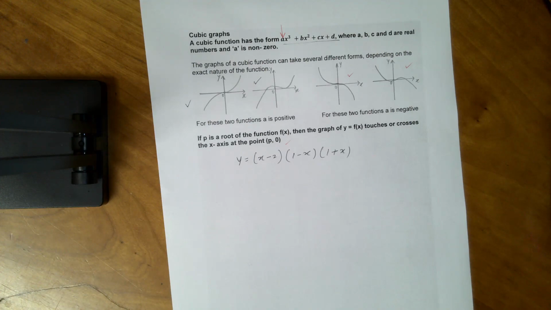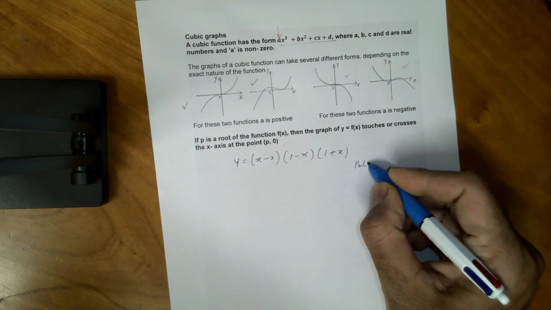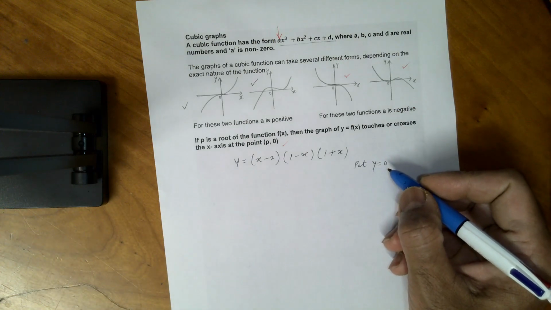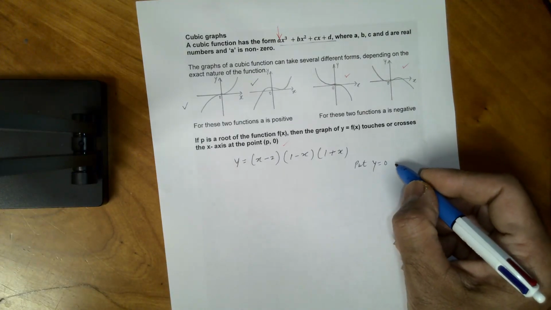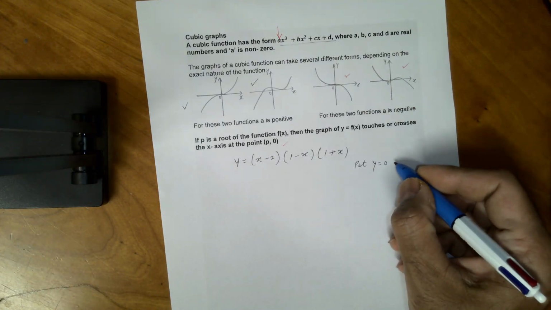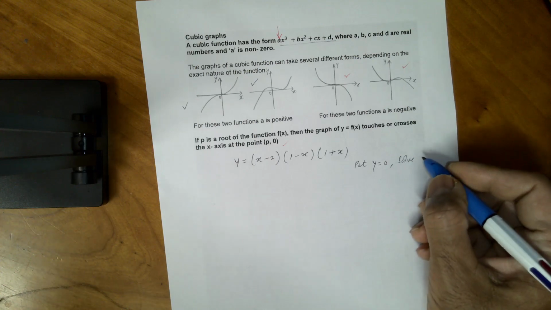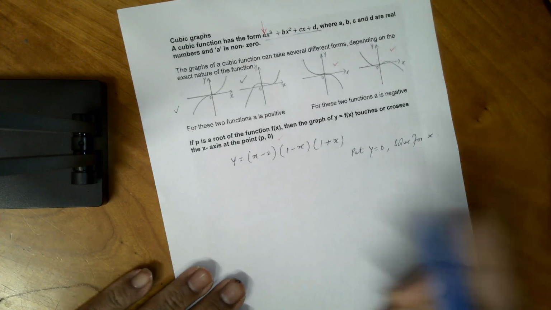Now in this one, first what we will do, we'll put y equal to 0 and solve for x. So 0 equals (x minus 2)(1 minus x)(1 plus x).